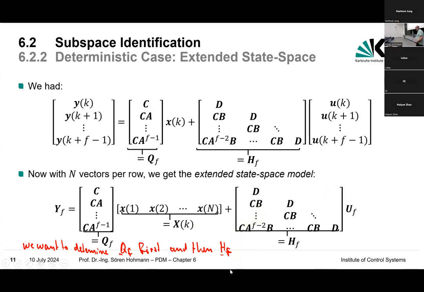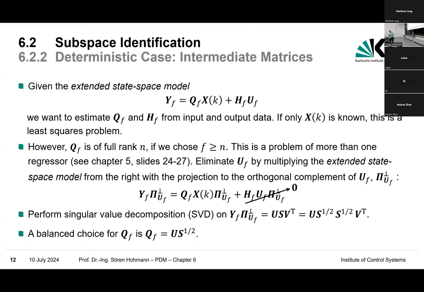So the first step towards this is how do we get rid of UF? That's the first question. And perhaps you remember a very nice trick from our least squares identification chapter 5. It's possible to identify parameters, only a subset of parameters, if we annihilate some parts of the equation, if you remember that. And that's exactly what we're doing.